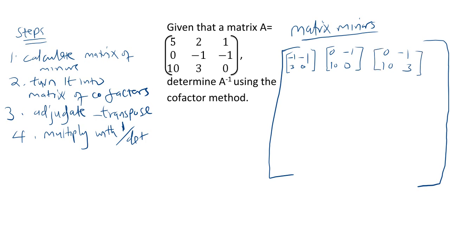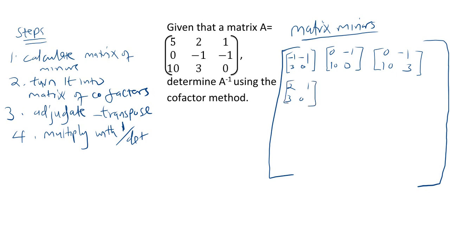You follow the same steps for element 0, negative 1, negative 1, 10, 3, 0, ignoring the row in which the element is and the column. So for this 0 in our middle row, for the first 0 here, it will be 2, 1, 3, 0.